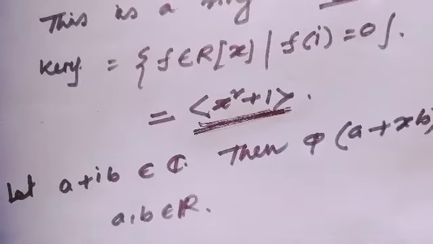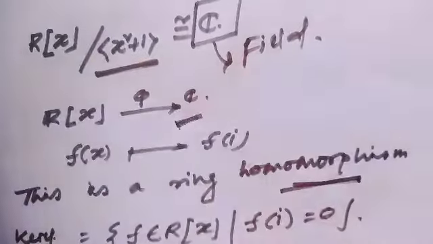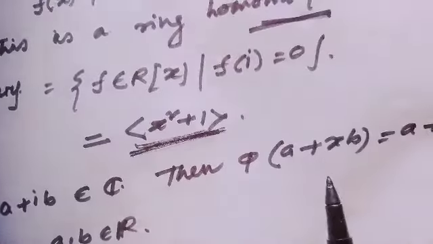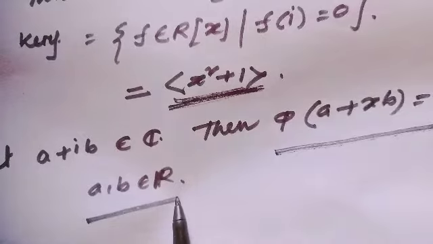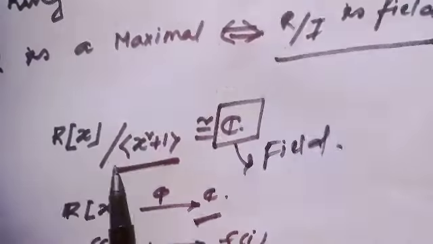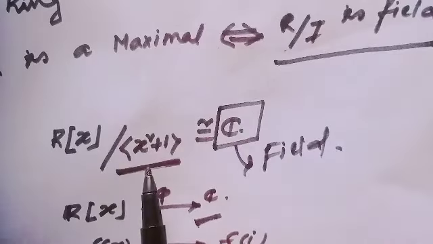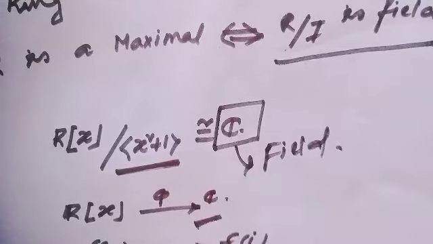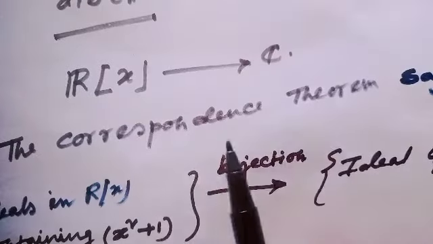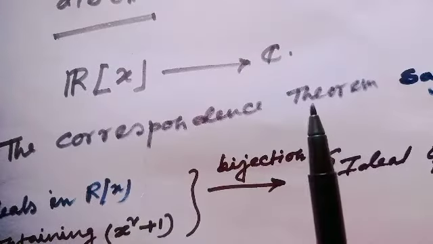And obviously this mapping is onto, because if we consider an arbitrary element a + ib from the complex numbers C, then φ of a + xb would be a + ib, and a, b belong to the real numbers. That means the ring R[x] modulo the ideal generated by x² + 1 is isomorphic to the complex numbers. Also we can tell this by the correspondence theorem.